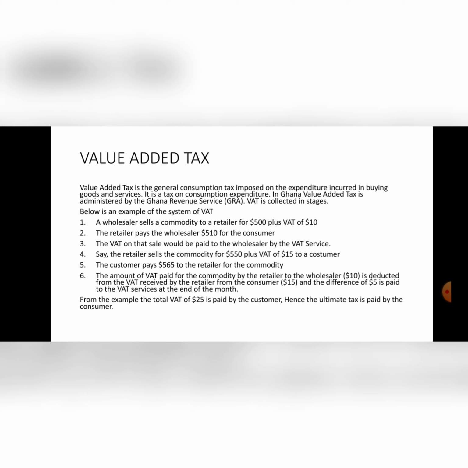From the example, the total VAT of $25 is paid by the customer, hence the ultimate tax is paid by the consumer. So value added tax is paid solely by the consumer.